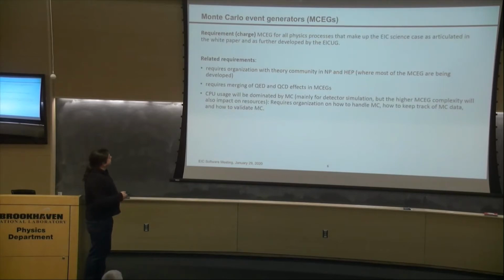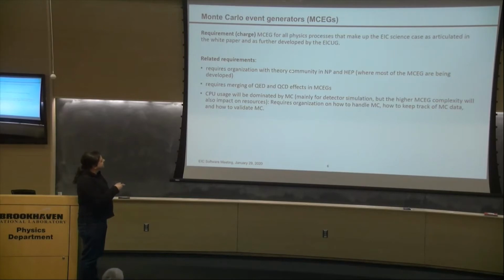So let's come to all the aspects of software. Let's start beginning with simulation, Monte Carlo event generators. From the chart, we need Monte Carlo event generators for all physics processes that make up the EIC science case. What does this further imply?